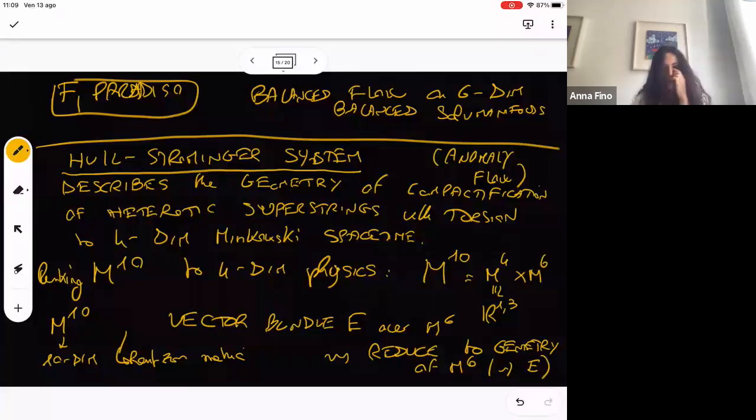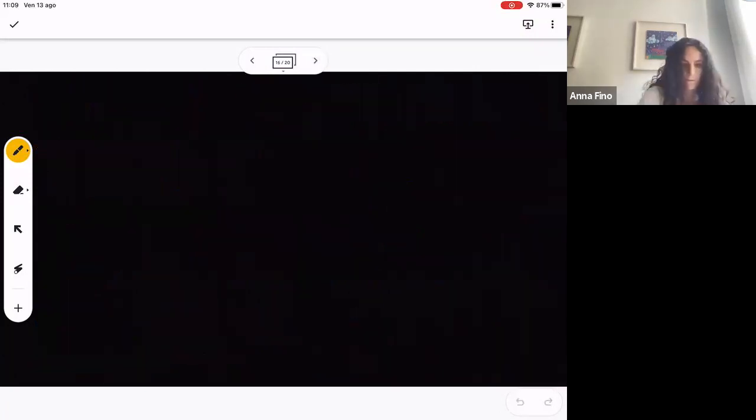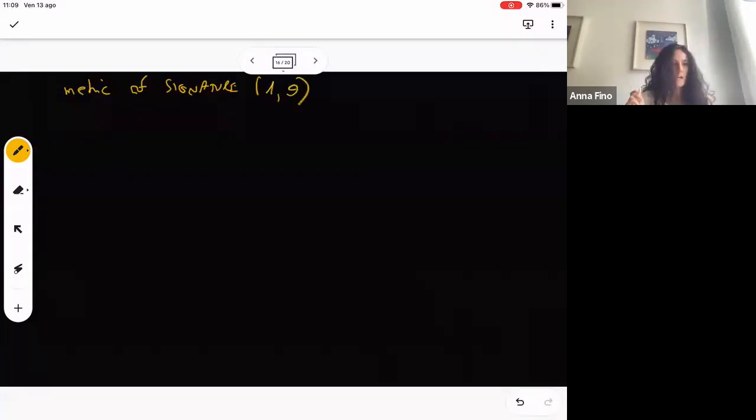Okay, and essentially when one reduces, one looks at what in physics is called the bosonic part. And what is the bosonic part? It is a Lorentzian metric, of signature (1,9).